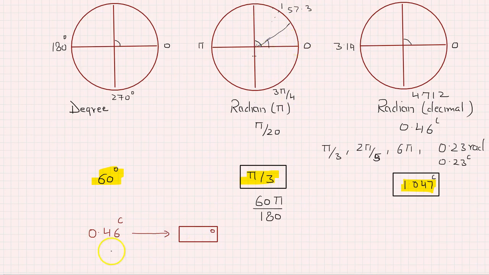So what we are going to do is take 0.46, multiply by 180 over pi, and you will get 26.35.